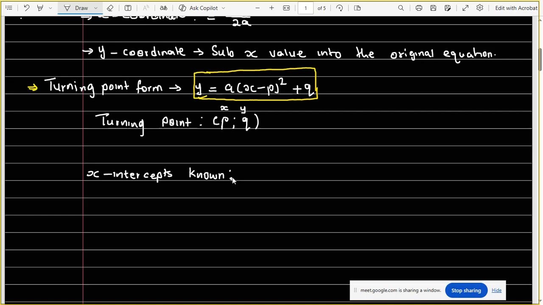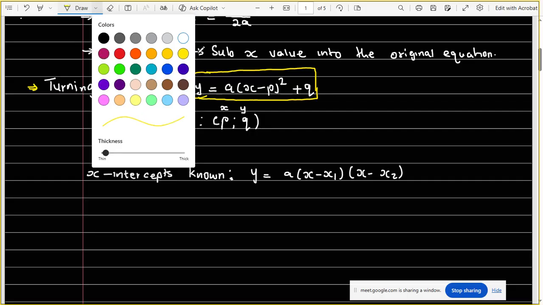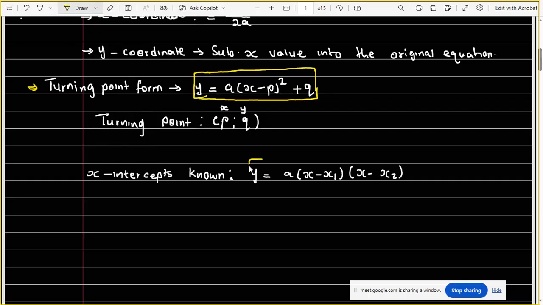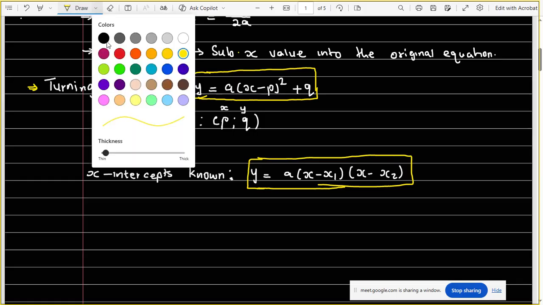So if you know your x-intercepts, the equation that you need to use to find the equation of your graph will be y equals a into (x minus the first x-intercept), and then on the other side you minus the second x-intercept. Are you happy with that? Yes. Okay, so this is when you know the x-intercepts. That's the formula that you're going to use to find the equation of the graph.